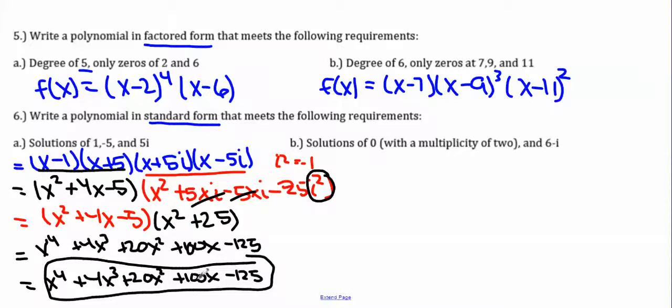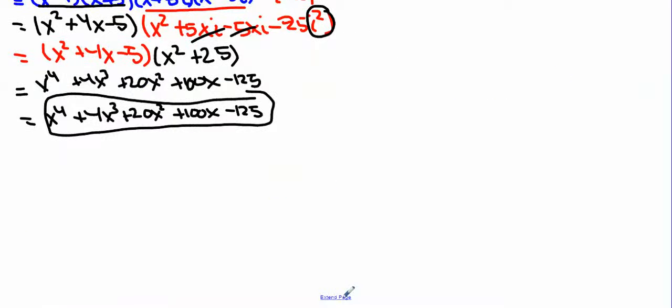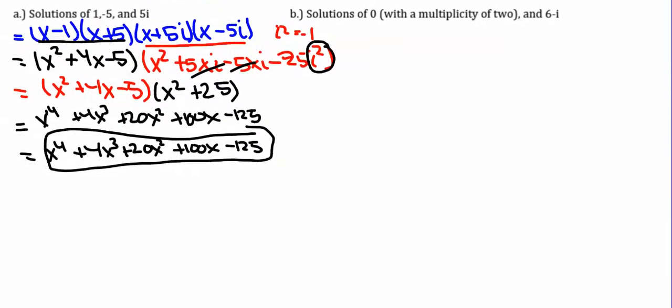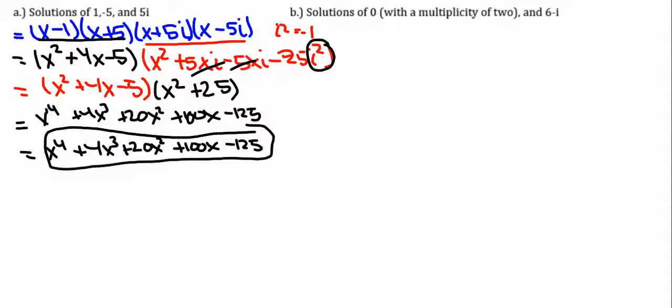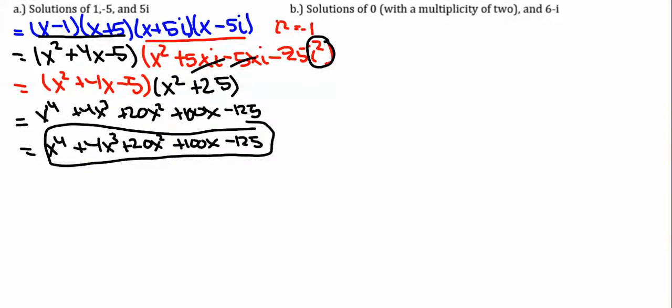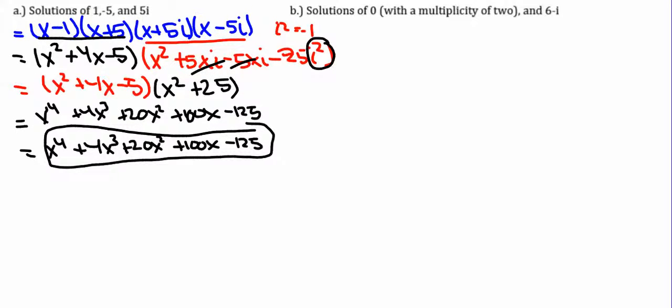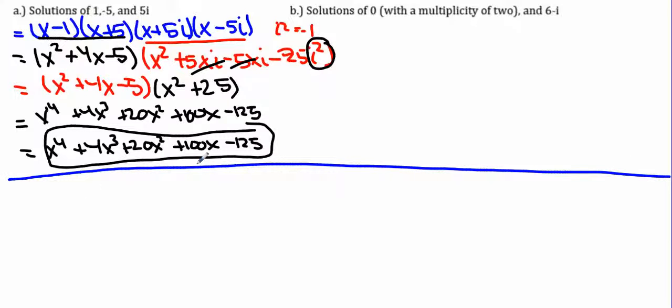Okay, last question. I'm going to extend the page so that I have more room. So it says solutions of 0 with a multiplicity of 2 and 6 minus i. So if it has a solution of 0, what does that mean? That means that the factor is just going to be x. So I have x squared, and then 6 minus i.